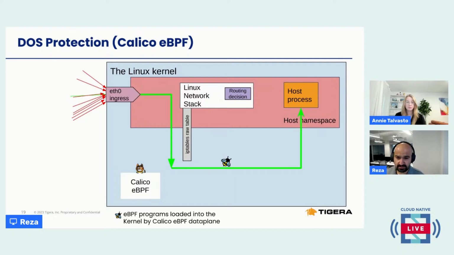In some cases, Calico can directly load its eBPF programs into your network card and drop malicious packets before they can even hit the kernel. Keep in mind that this requires a network card that supports XDP integration, and not all network cards are capable of doing this. This method is usually referred to as offloaded XDP.